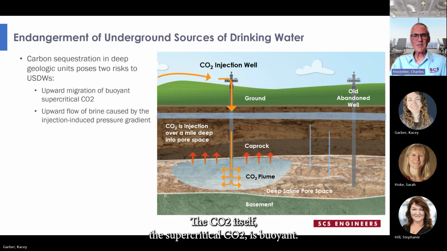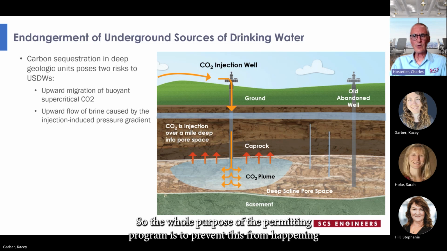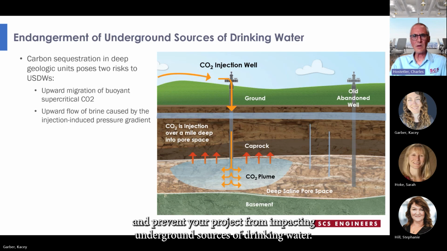The CO2 itself, the supercritical CO2, is buoyant. It's less dense than the brine. And if there's any penetrations in the cap rock in the CO2 footprint plume, the CO2 can migrate up into underground sources of drinking water. So the whole purpose of the permitting program is to prevent this from happening and prevent your project from impacting underground sources of drinking water.